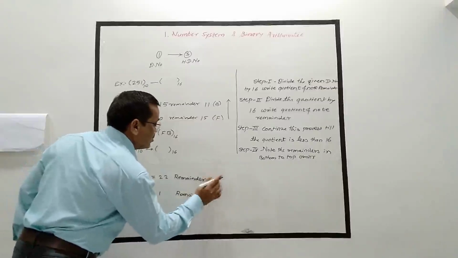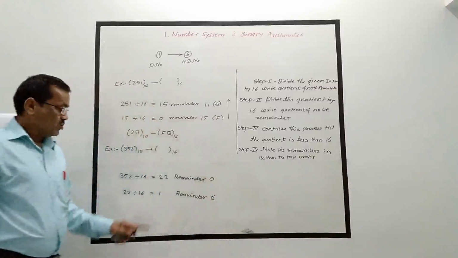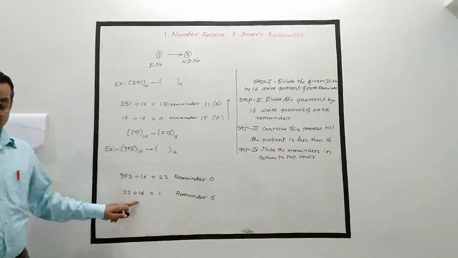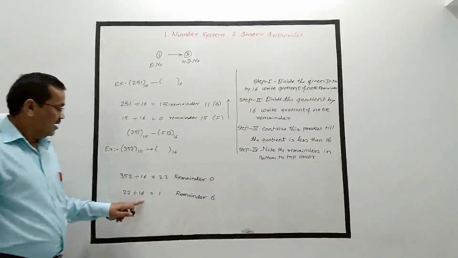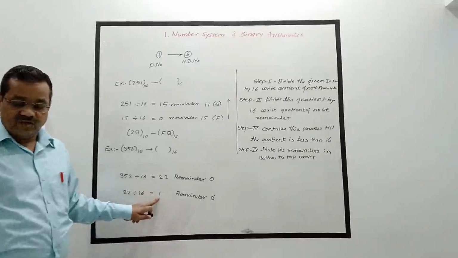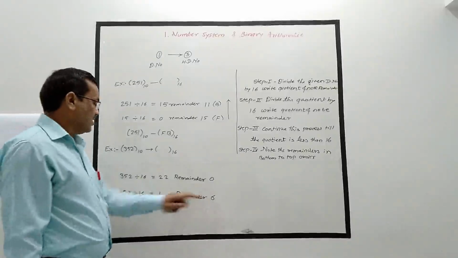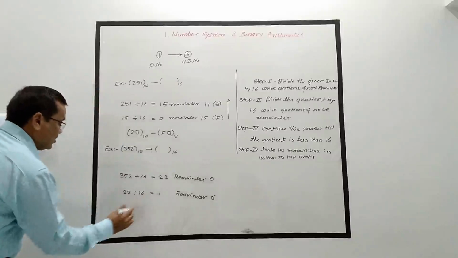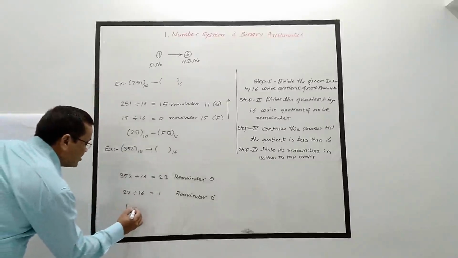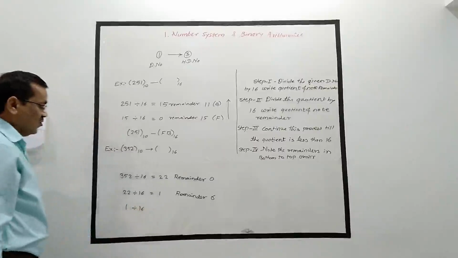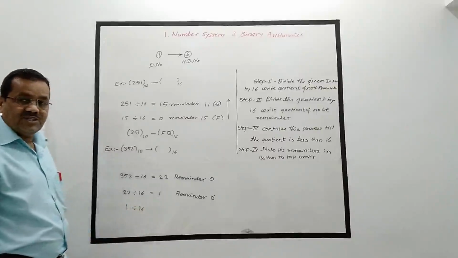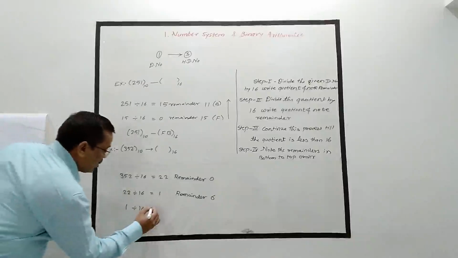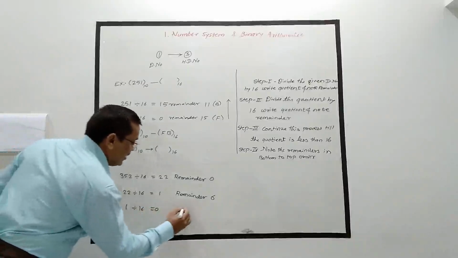So here 22 divided by 16, quotient is 1 and remainder is 6. Again this 1 is divided by 16. So quotient is 0 and remainder is 1.